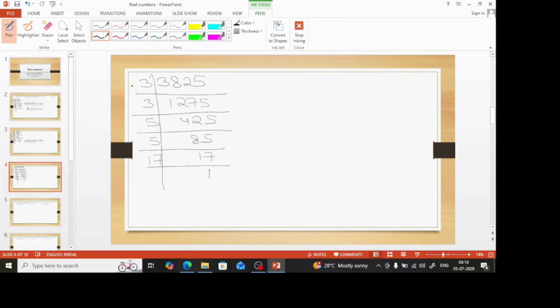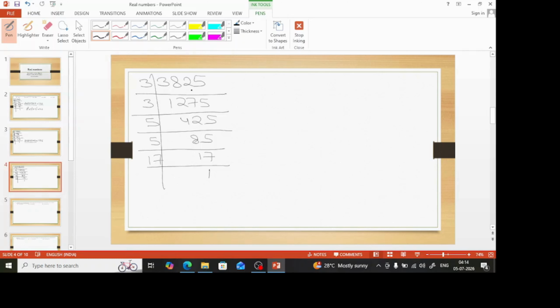So now how to check whether it is divisible by 3 or not, we will see the sum divisibility rule. 3 plus 8 is 11, 11 plus 2 is 13, 13 plus 5 is 18. 18 is divisible by 3, so it is divisible by 3. Is it clear? Why we have taken 3?